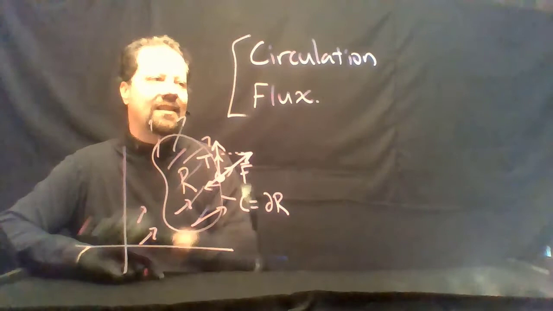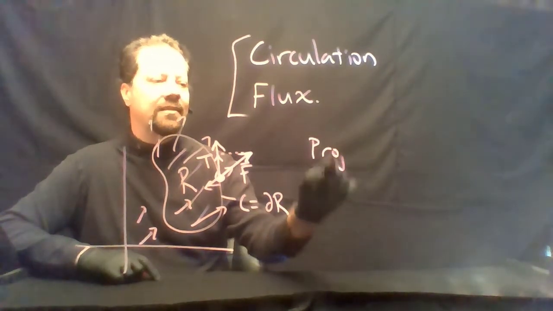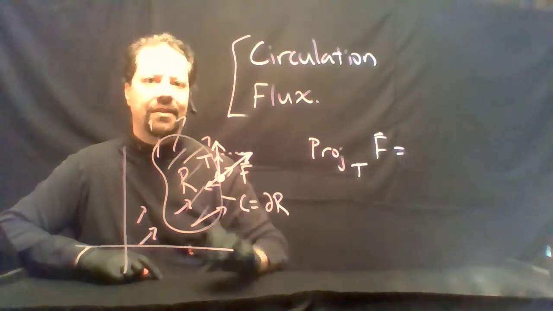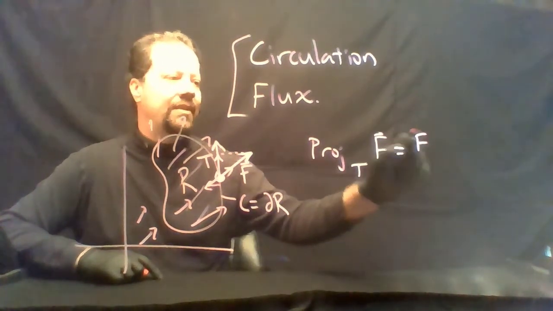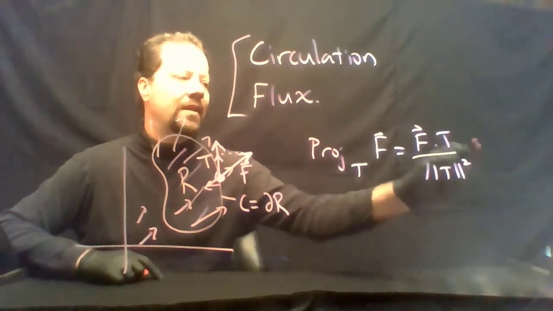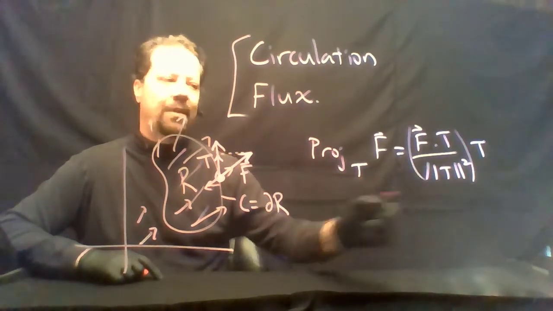How do you project the vector f onto the unit tangent vector t? Well, you take f dot t over norm t squared times t. The coefficient of t will be the component.